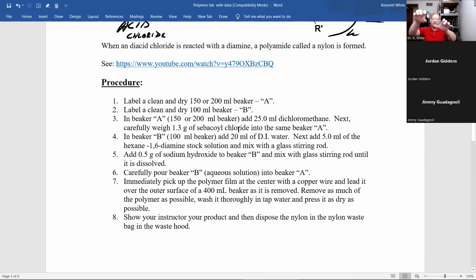Then you carefully on the side pour beaker B into beaker A. And when you do that, carefully afterward, I think it's B on top and A on the bottom, and you'll have this interface.